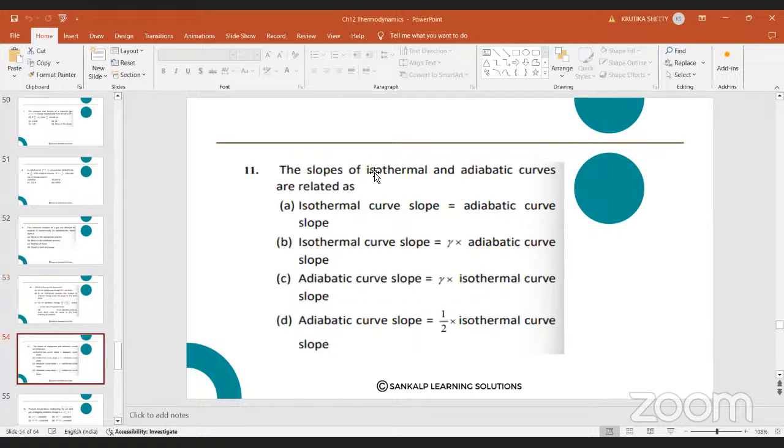The slope of isothermal and adiabatic curves are related as: isothermal curve slope is equal to adiabatic curve slope; isothermal curve slope is equal to gamma into adiabatic curve slope; adiabatic curve slope is equal to gamma into isothermal curve slope; or adiabatic curve slope is equal to half of isothermal curve slope.